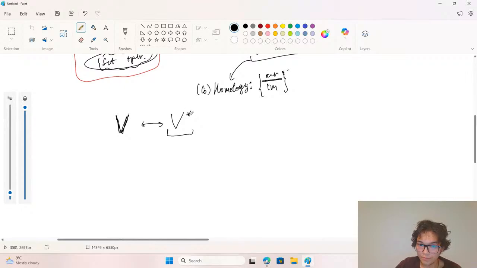V star is the vector space of linear forms on V. V is a set of vectors, and V star is a set of linear forms, and the combination of a vector v and a form omega gives some number, which might be in some field.